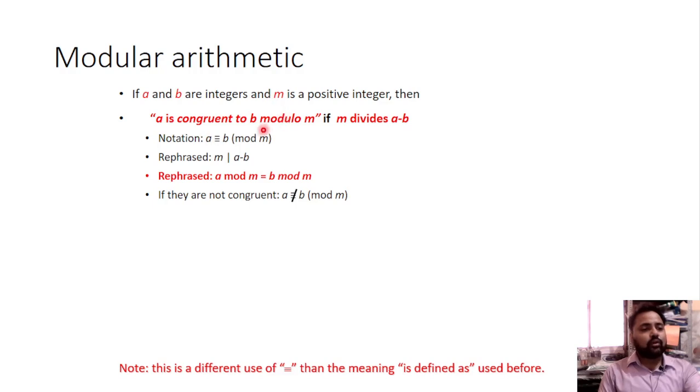Here, if a is congruent to b mod m, it means m divides a minus b, or m divides a for the remainder b, and if we rephrase this, then m divides a minus b. a mod m is equal to b mod m. If they are not congruent, then a is not congruent to b mod m.